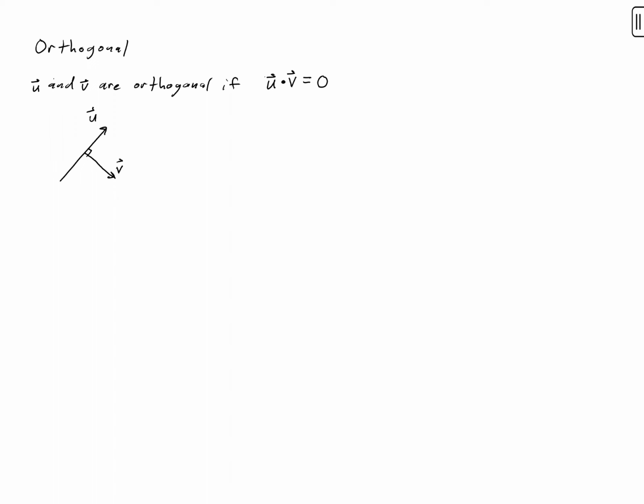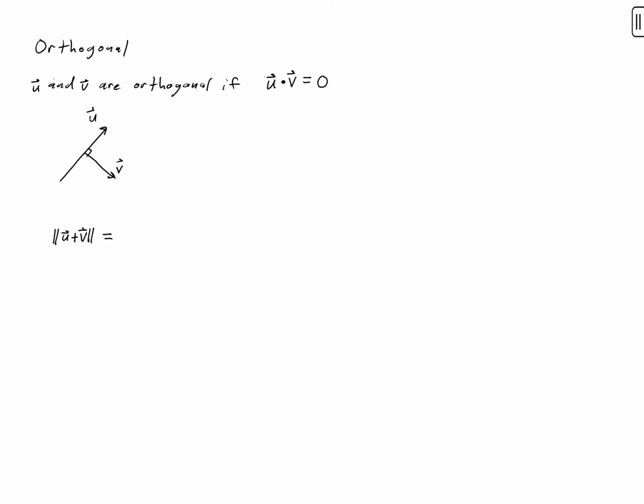And so if we think about the Pythagorean theorem, we can say, well, the distance between two vectors, and you might say, well, shouldn't it be minus v?